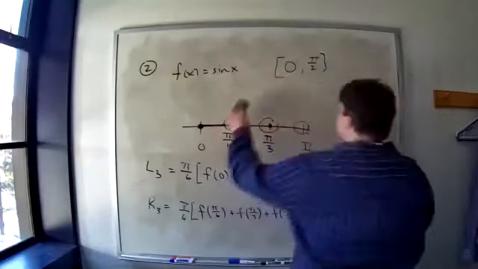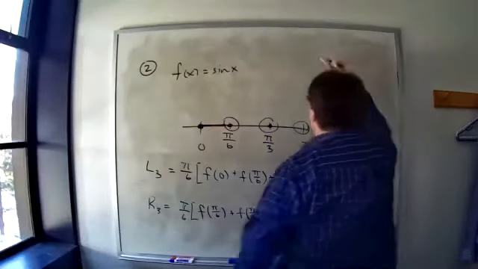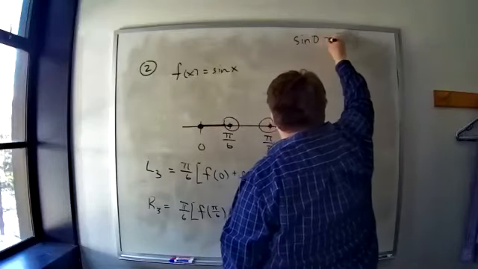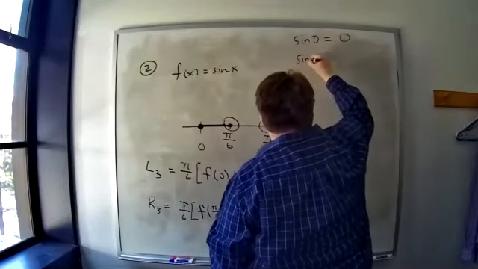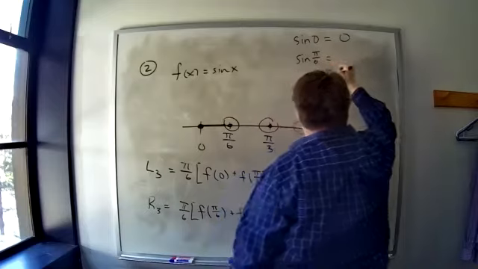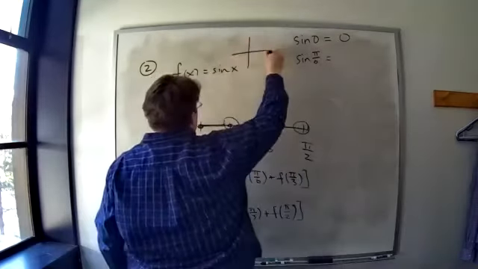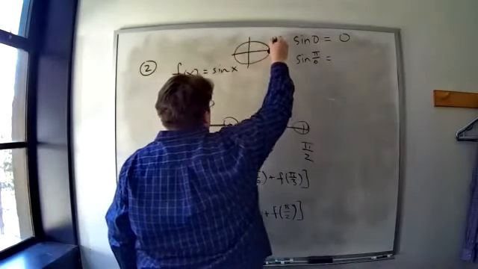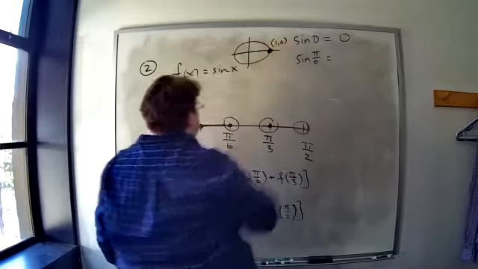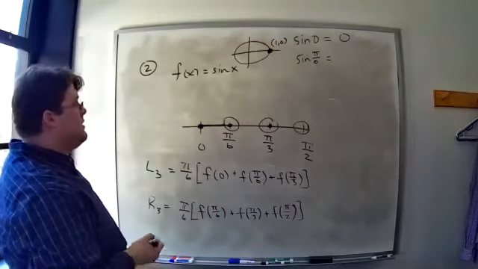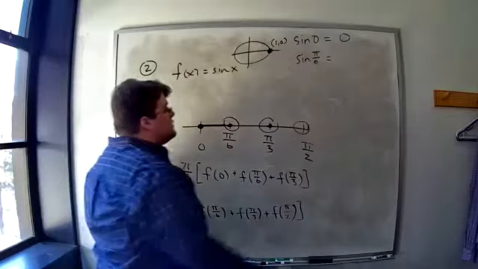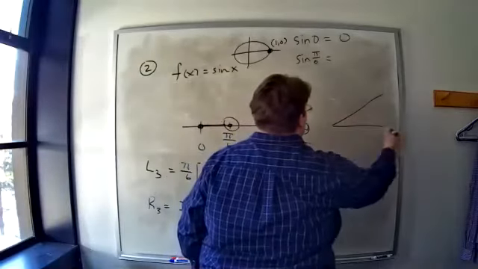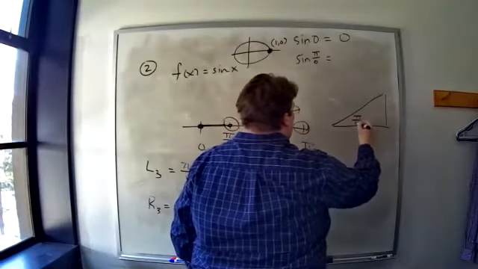So we need f of 0. Sine of 0, what's sine of 0? Well, sine of 0 is the y value there, so 0. Sine of pi over 6, what's sine of pi over 6? Well, we have our triangle.